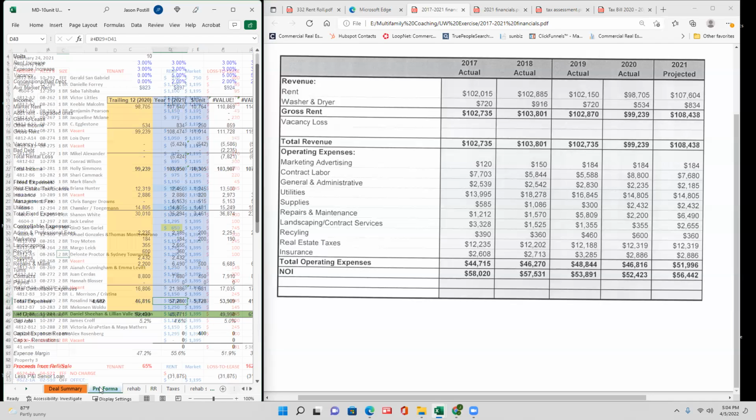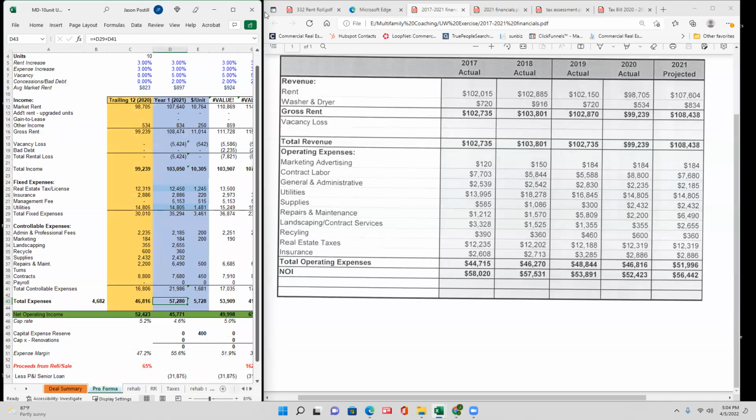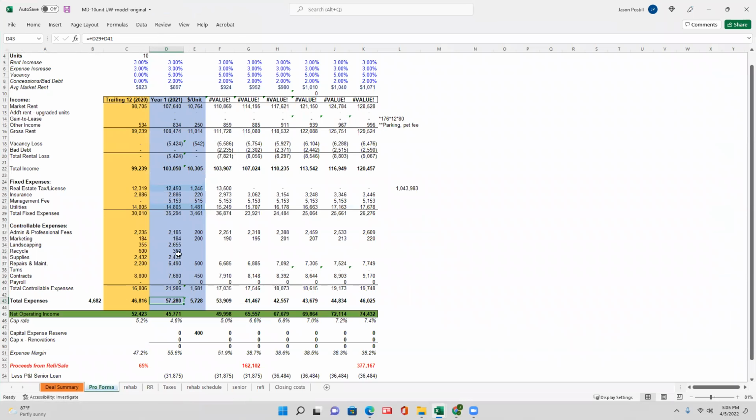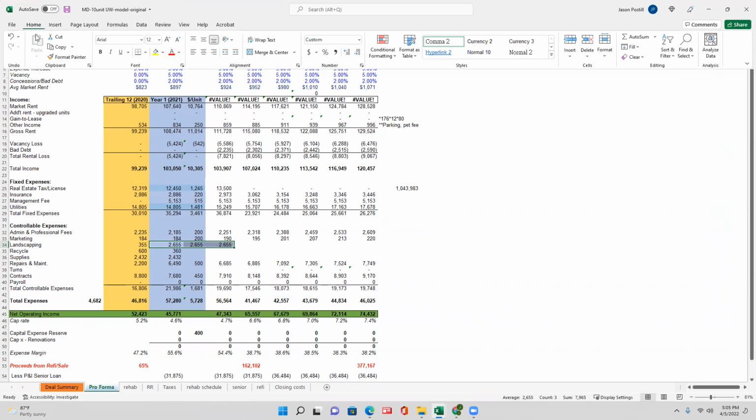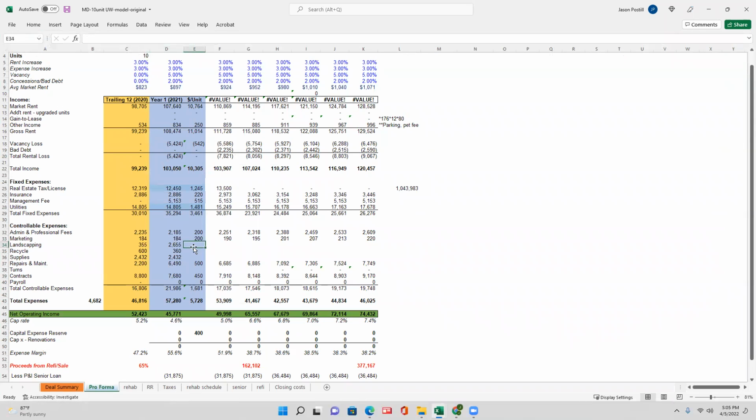Yeah, we'll get to that. $200 a unit. All right, so the projection, this is what you want to see.